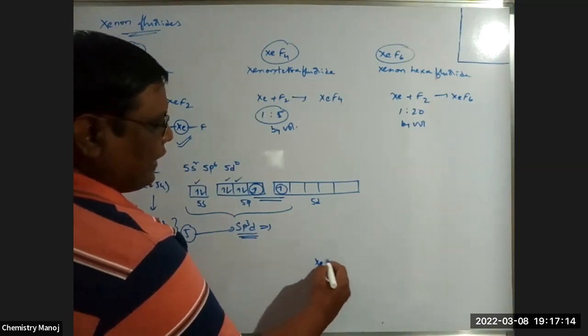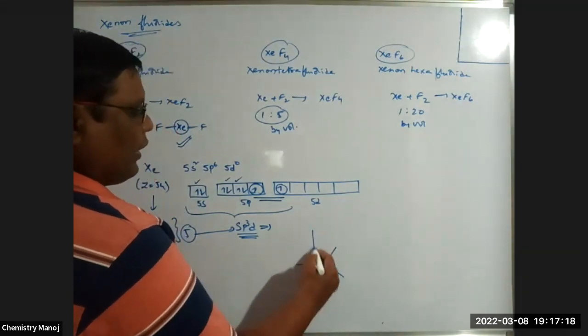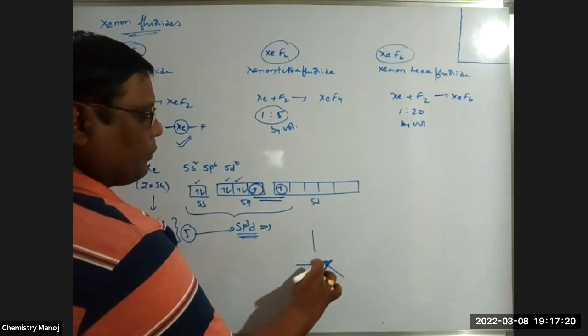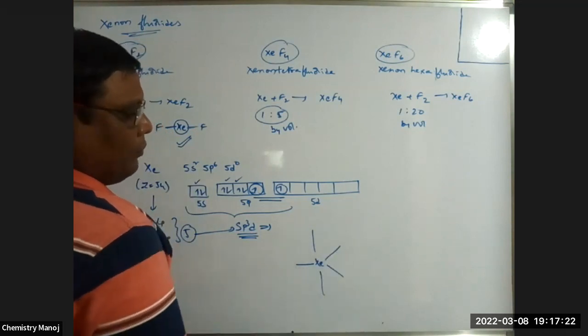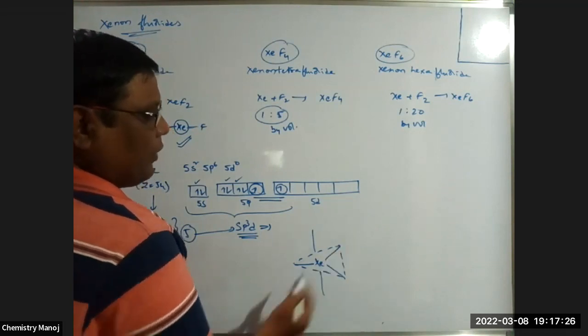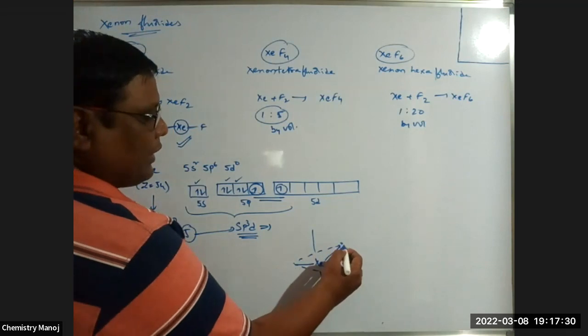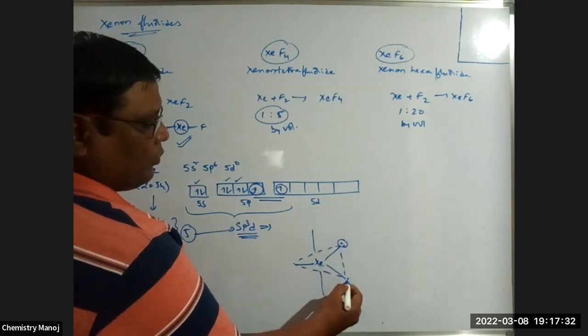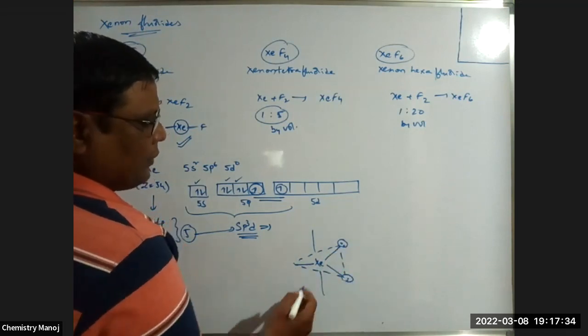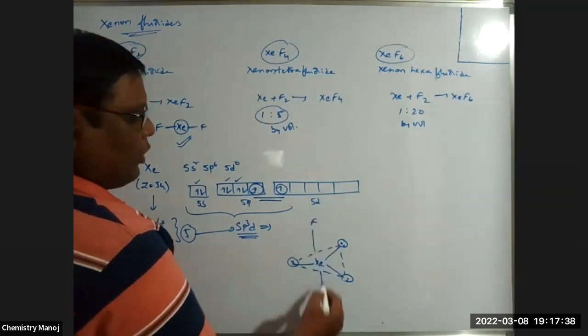Xenon is here. 3 are in the same plane, 1 above, 1 below. This is the possible structure, trigonal bipyramidal. But there are 3 lone pairs and 2 bond pairs. Those 3 lone pairs are at the equivalent positions in the plane, and the 2 fluorines are above and below the plane.